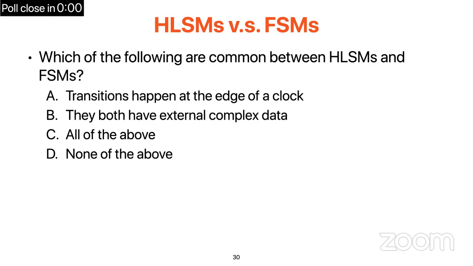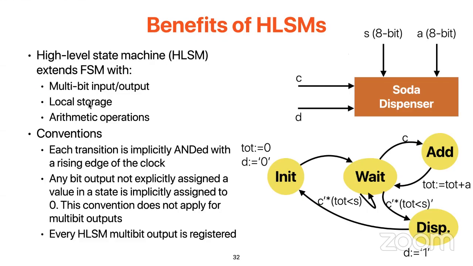So for the high-level state machine, why do we want them? Let's look at the definition of the high-level state machine. It's actually an extension of a finite state machine with multi-bit input output, whereas in our finite state machine, there's only one bit output. And the other thing is that we extend it with local storage.